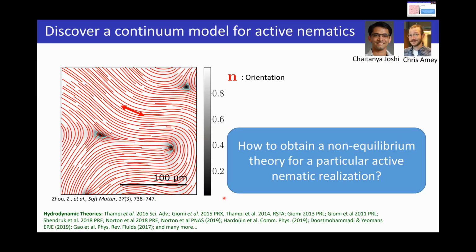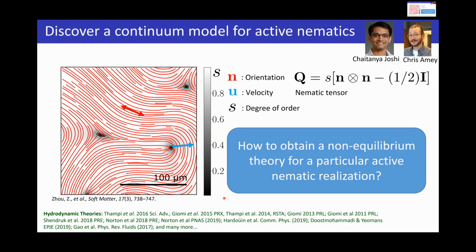So the idea here is I want a continuum hydrodynamic theory, so a theory that's written in terms of the relevant fields. That would be the nematic tensor, which includes the director field orientation and the magnitude of order S, and then also the fluid velocity U.